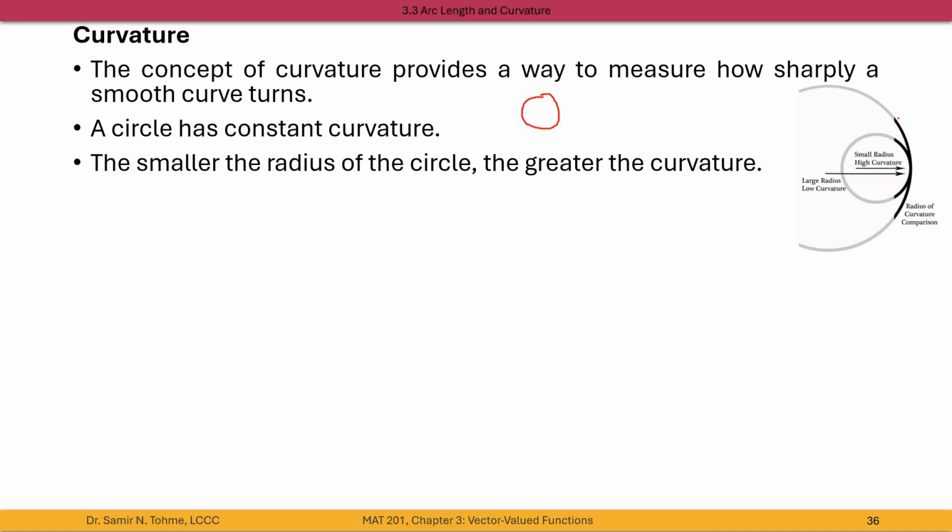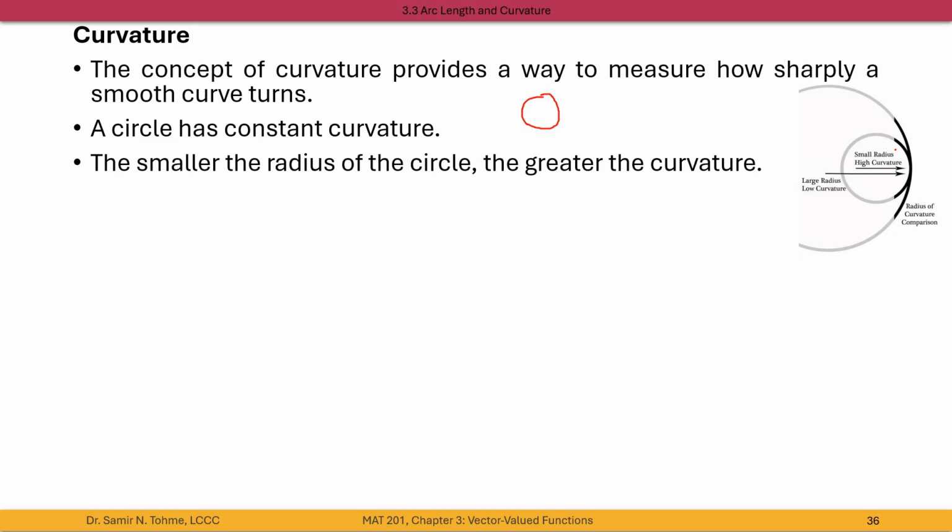If you take this arc, you will realize that the curvature of this arc is different than the curvature of this arc. We say that for this circle, the small radius one has a high curvature.